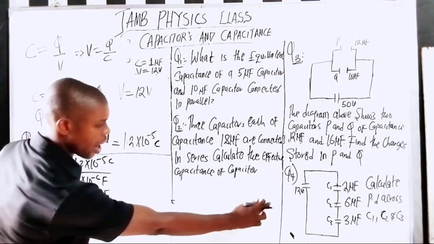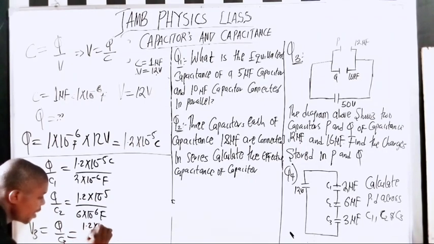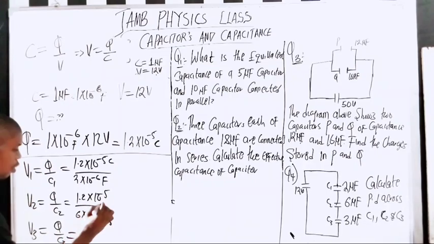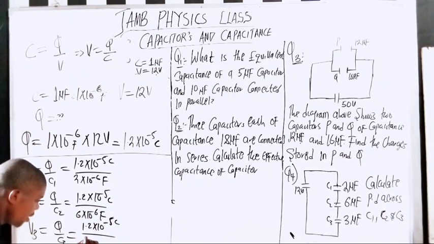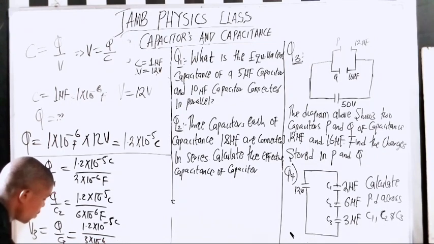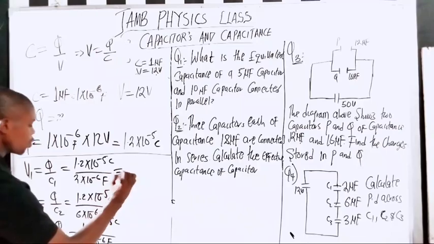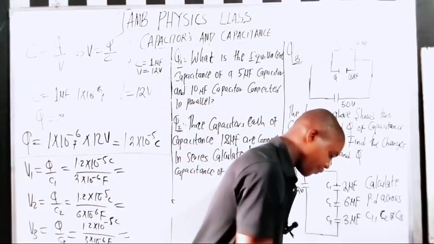The same thing here, we have 1.2 exponential minus 5 coulomb over 3 exponential minus 6 farad. So what you want to do now is to punch your calculator and get your various answers.